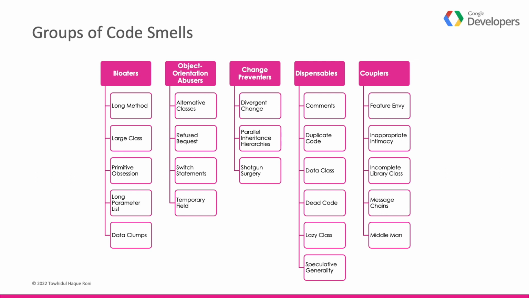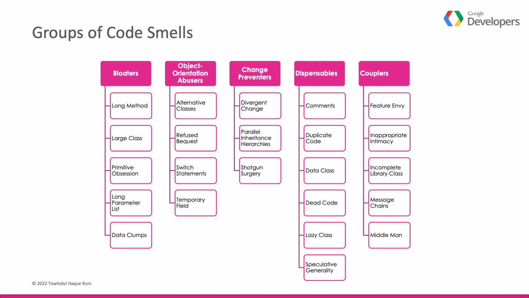Next, we have object-oriented abusers, which comprise code smells like alternative classes, refused bequest, switch statements, temporary field, and others. These smells indicate a violation of object-oriented principles and can lead to code that is inflexible and difficult to extend or modify.